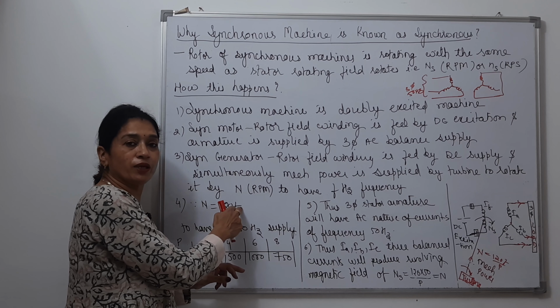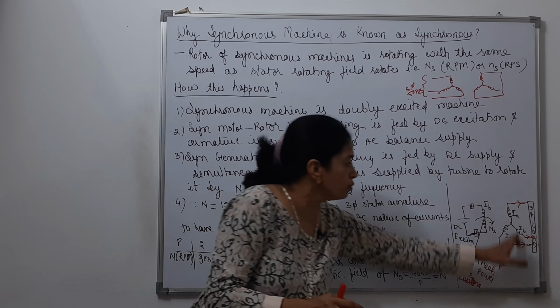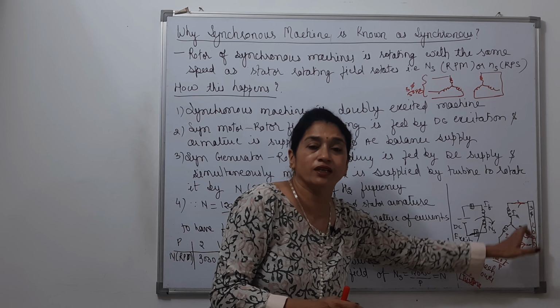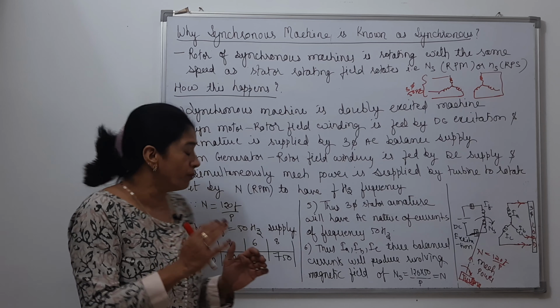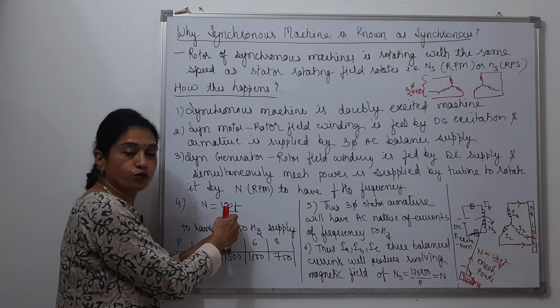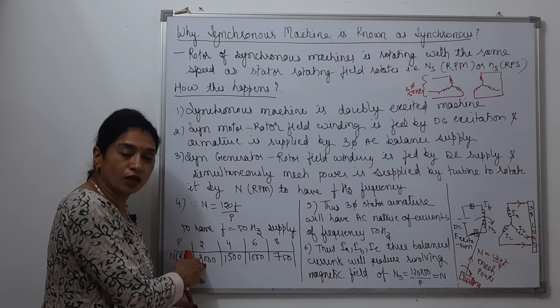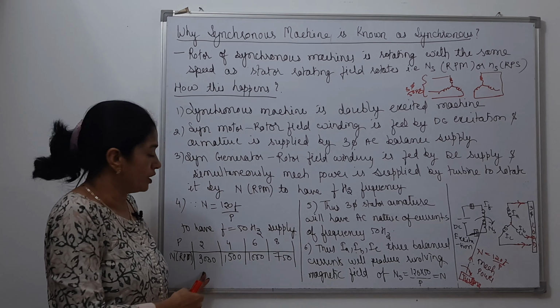So, in order to have 50 hertz frequency of the EMF and current induced in the armature winding, we must rotate the rotor of a two pole machine at 3000 rpm, so that the power is of 50 hertz.